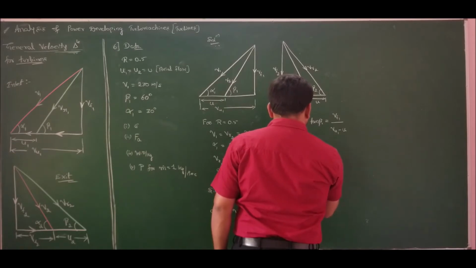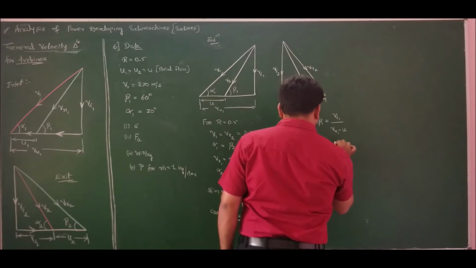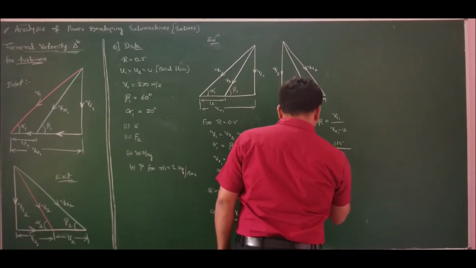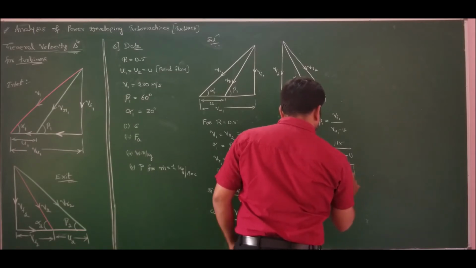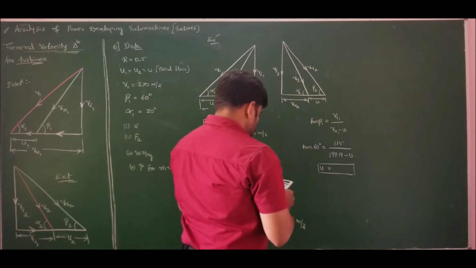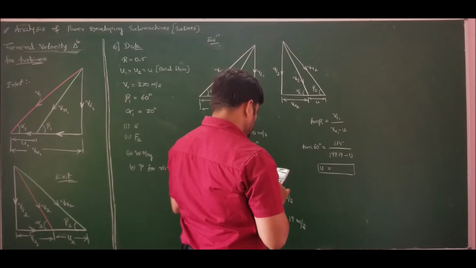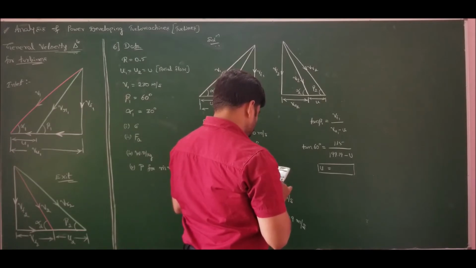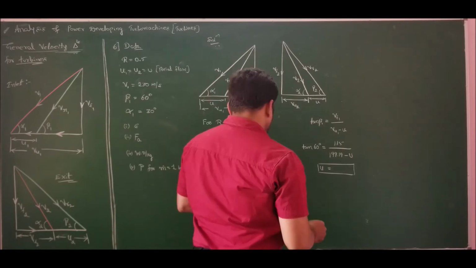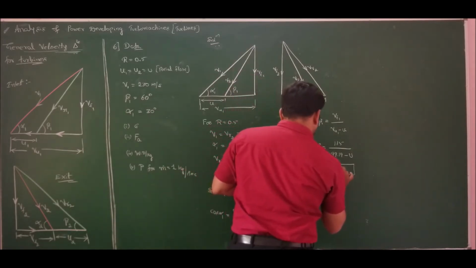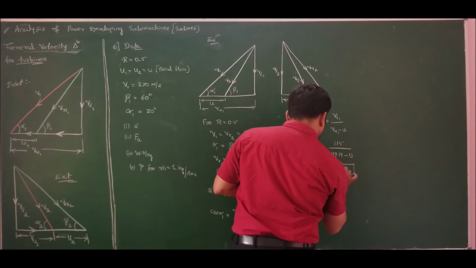If I substitute and solve, tan of 60 degrees is equal to Vf1, calculated as 115, divided by Vu1, which is 199.19, minus u. So the tangential blade speed of the rotor is 132.79 meters per second.